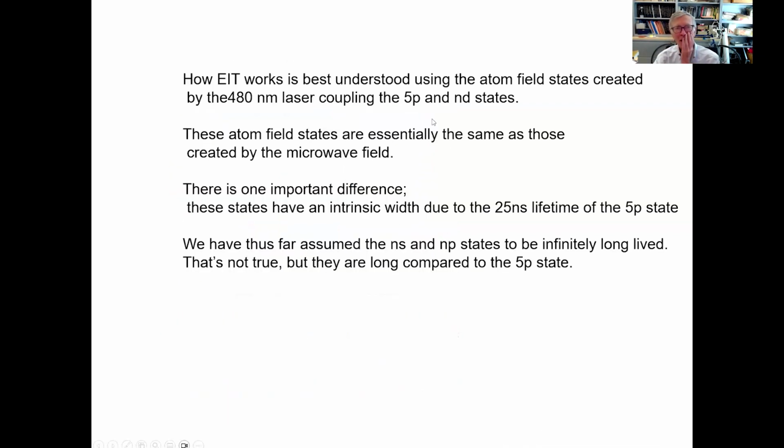Okay, so how EIT works is best understood by using these atom field states that we've just been talking about, except we're now going to use the ones that are created by the 480 nanometer laser, which couples the 5P and ND states. They're essentially the same as the ones with the microwave field, but there's an intrinsic difference, which is that the 5P state has a finite short lifetime of 25 nanoseconds, whereas previously we considered the states to be more or less infinitely long-lived.